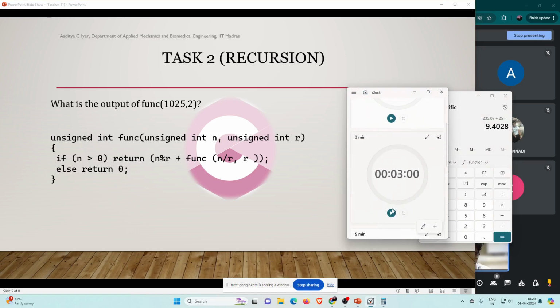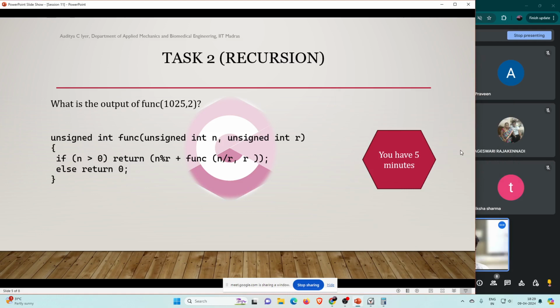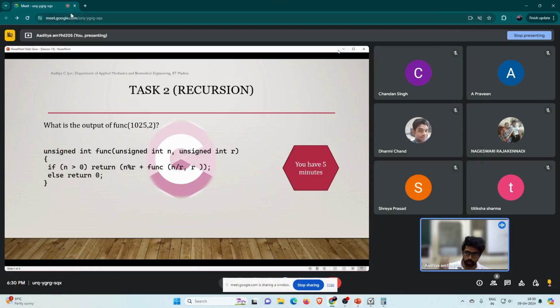I will write the whole code, it's not too much effort.